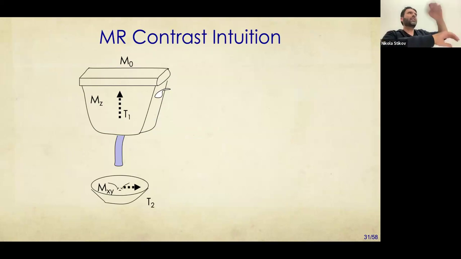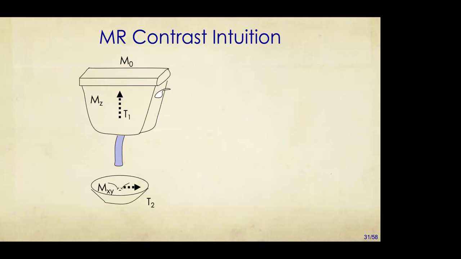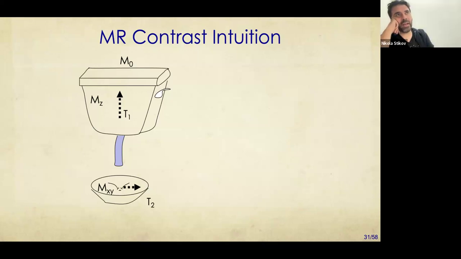So usually you use T1 if you want to look at water content. So for example, imagine that you have inflammation in your brain or edema, then you would want to look at a T1 image. On the other hand, if you would like to take a look at myelin content and lesions and loss of white matter, then you would like to take a look at T2 images.